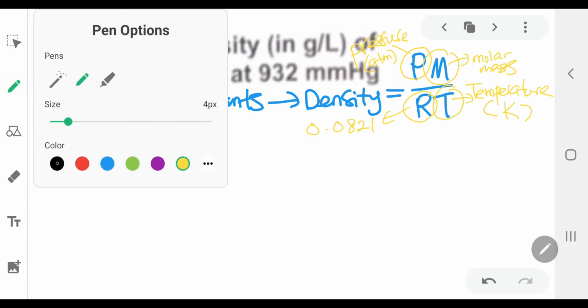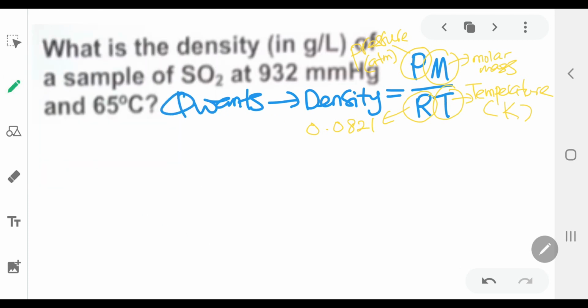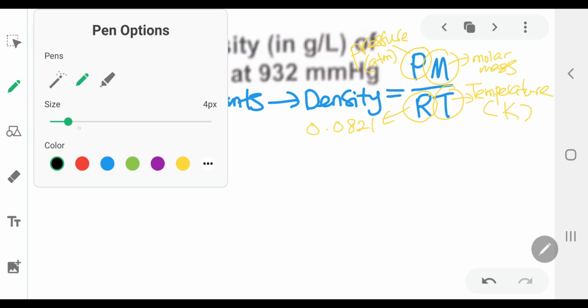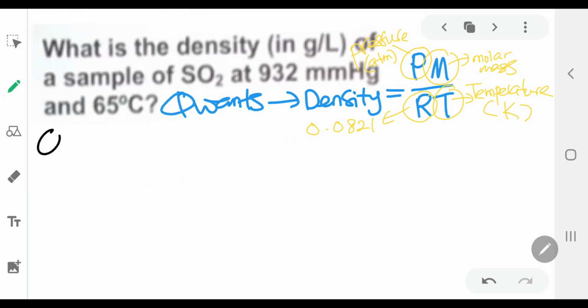Now, what does the question give to you? The question gives you a few pieces of information. We need to have some pressure, so do we have pressure given? Yes, we have pressure right over here.